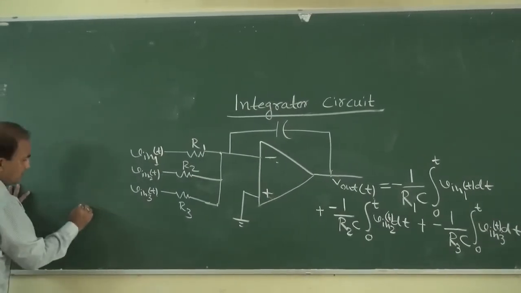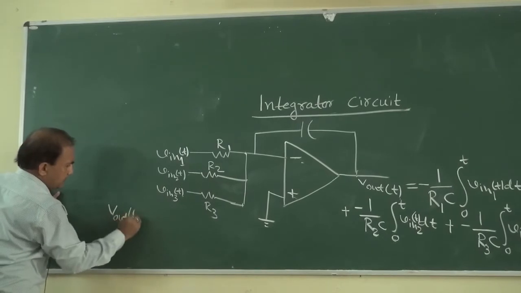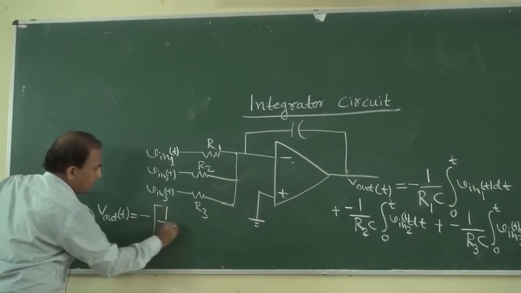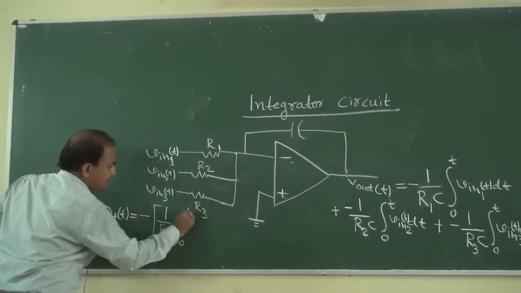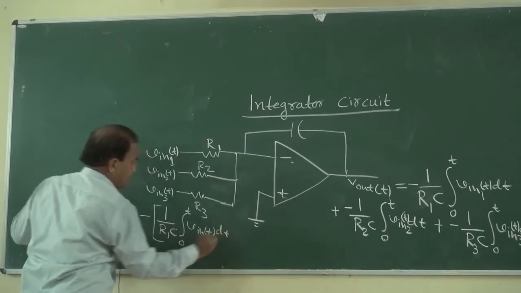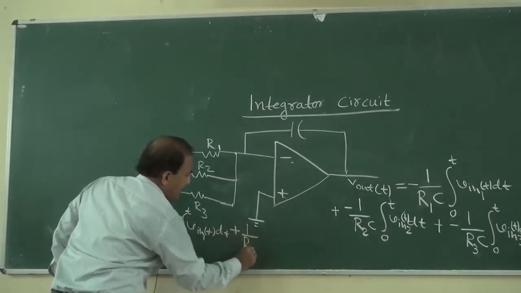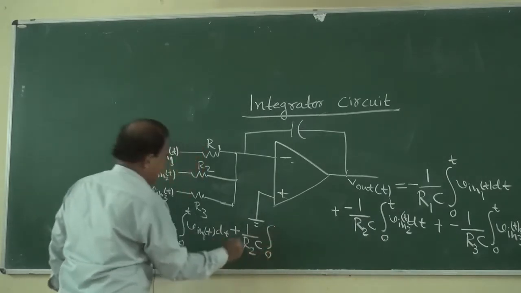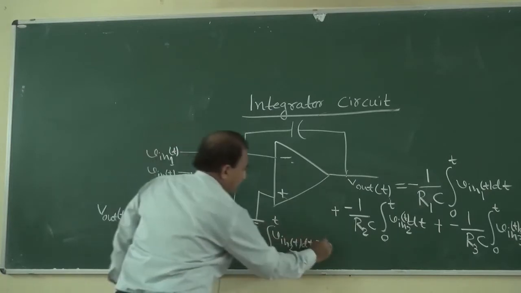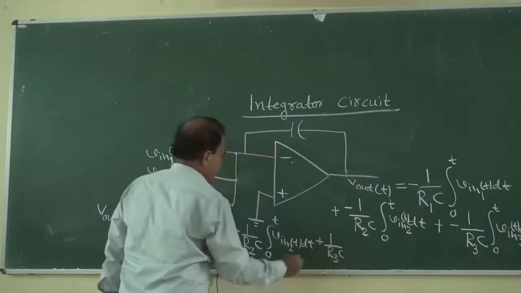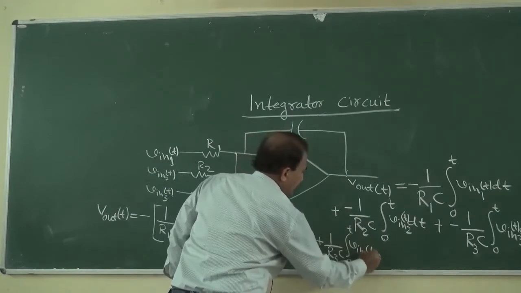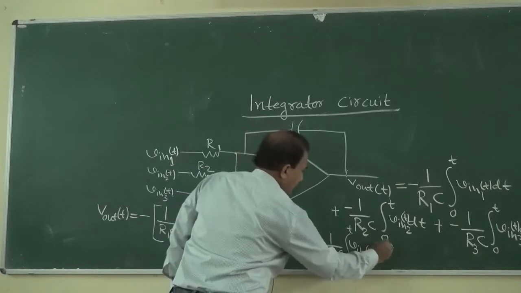So V output T is equal to minus of 1 by R1C integral of 0 to T V in 1 T dt, plus 1 by R2C integral of 0 to T V in 2 T dt, plus 1 by R3C integral of 0 to T V in 3 T dt, like this.